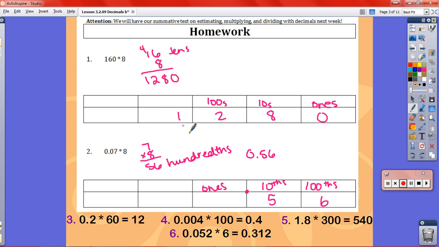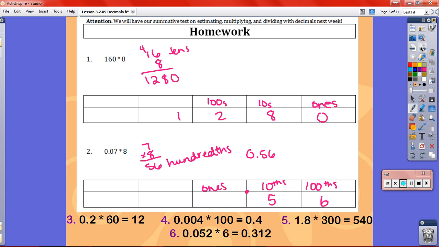That's 1 in the thousands place, 2 in the hundreds place, 8 in the tens place, and 0 in the ones place. 7 hundredths times 8, we're dealing with hundredths, so I'm going to end with hundredths. 7 hundredths times 8 is 56 hundredths, which is represented as 0 ones and 56 hundredths.